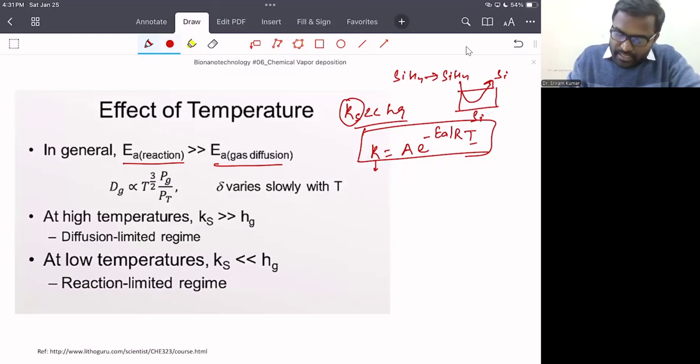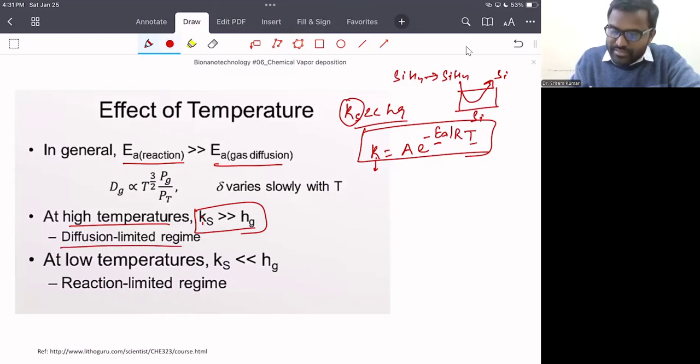So if you increase to a very high temperature, since the Ea is very high for the chemical reaction, Ks becomes much, much higher than Hg. And that is the case of the diffusion limited condition, or diffusion control process.